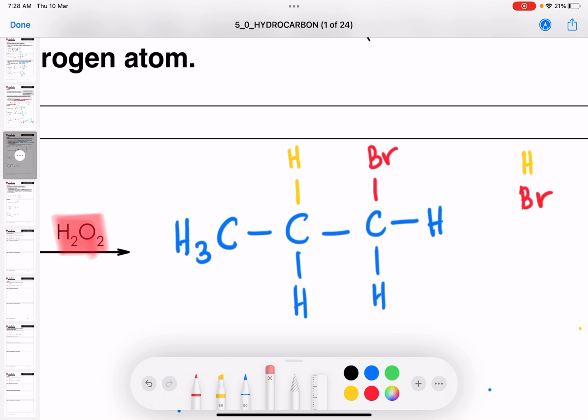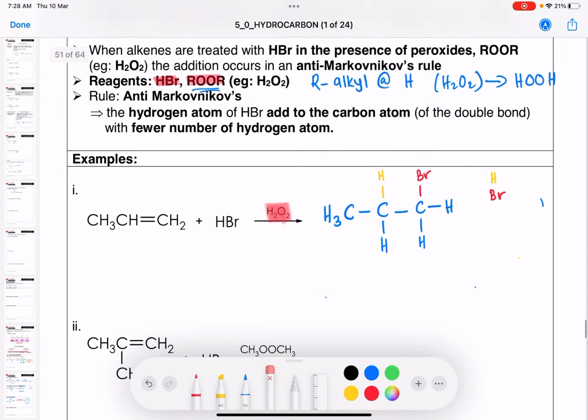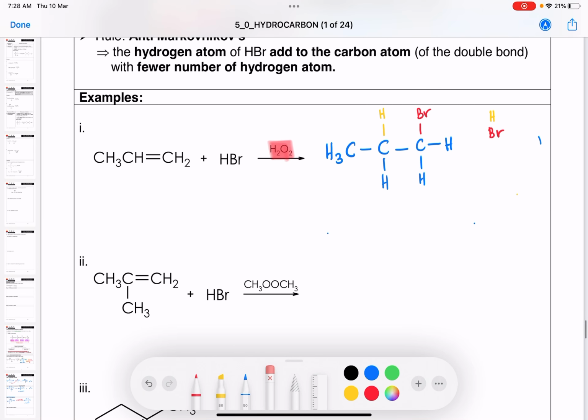Okay. And actually, you might think, what is the difference whether you want to make it Markovnikov or anti-Markovnikov? It does make a difference. Now, as you can see, if I give a name to this one, it will be 1-bromopropane, which is carbon number 1, carbon number 2, and carbon number 3.